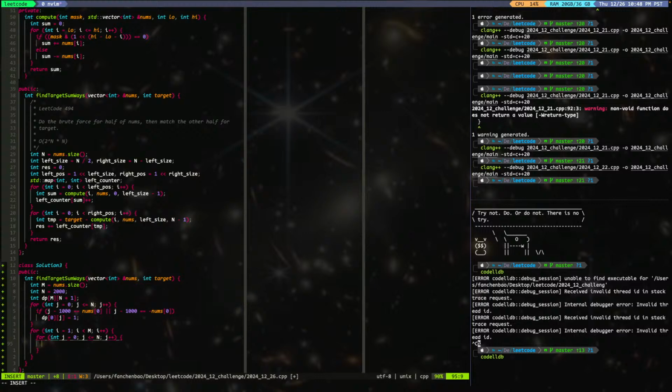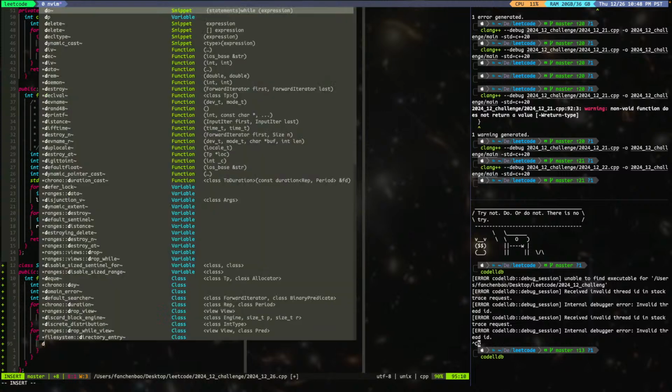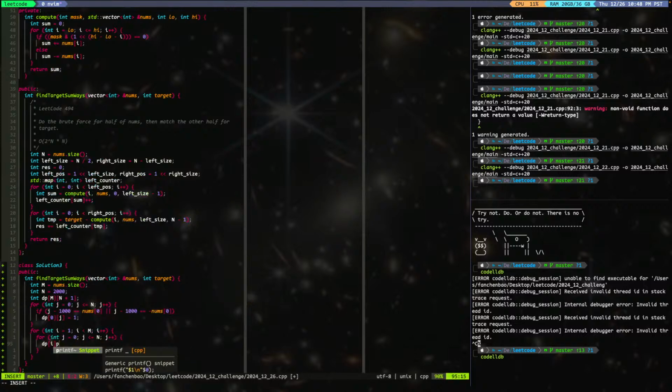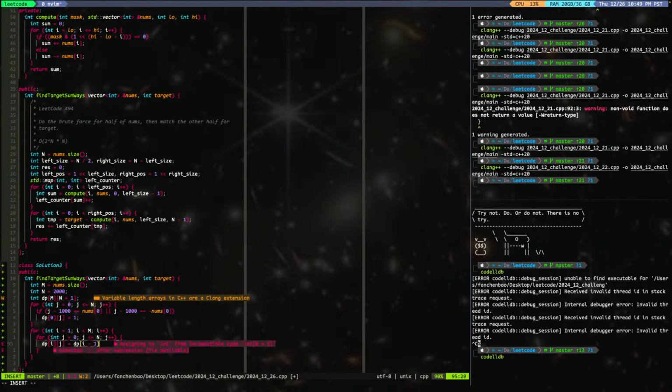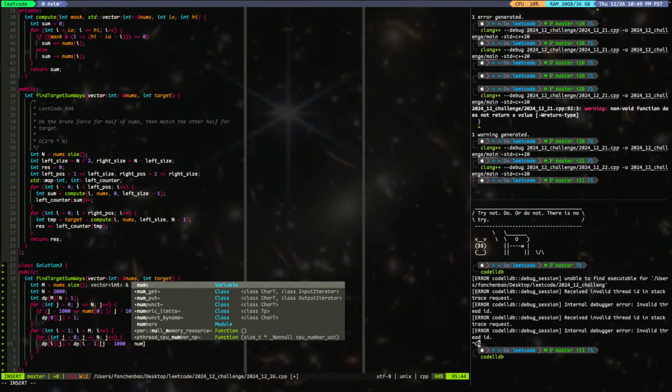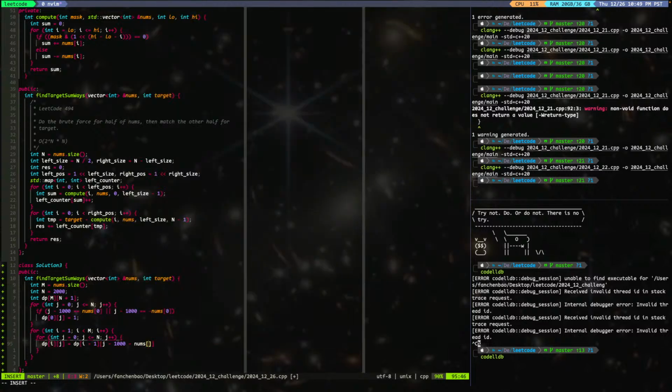Now we look at the one before, and then we say dp[i][j] should equal dp[i minus 1][j minus 1000 minus nums[i]].